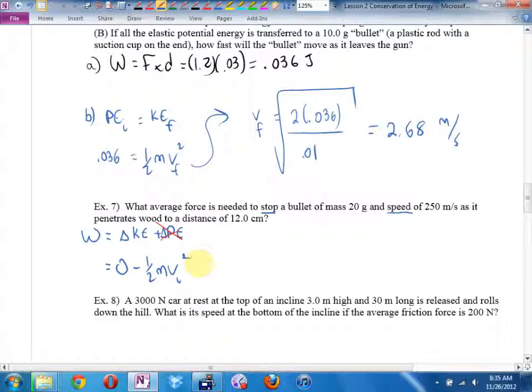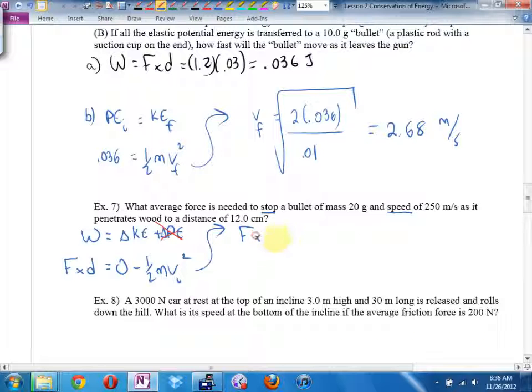And on the left-hand side of my equation, I have work. What are my different definitions for work? I've already used the work energy theorem, which is the work is the change in energy, but I think I can also say this. And the reason I said work is force times distance is, Jaron, what were they asking me to find here? Average force. In fact, I'm going to get this.